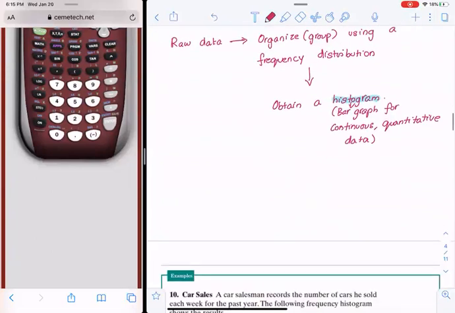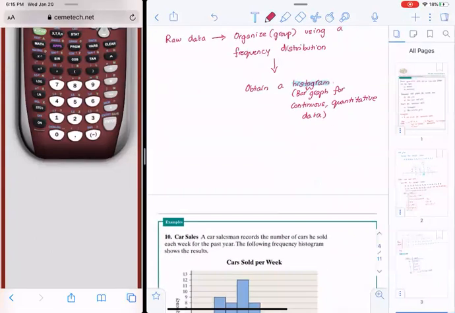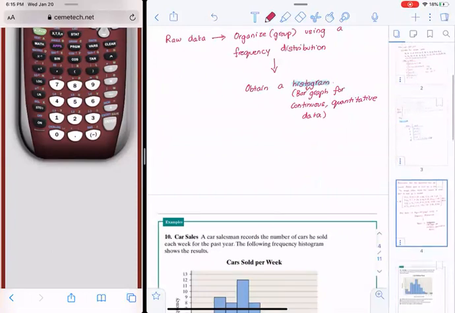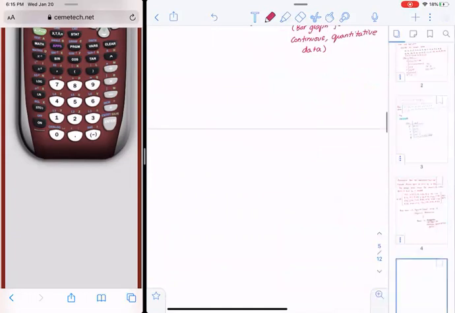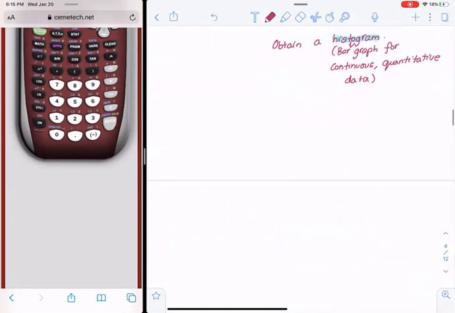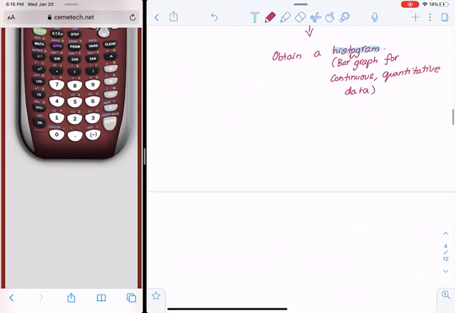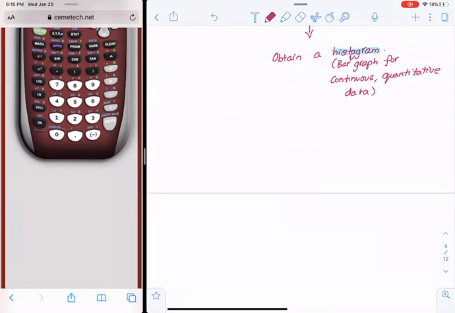So the very first step is to identify the number of bars we need. In the sense, we need to create intervals to put the observations in. To do that, we are going to come up with something called classes or bins.